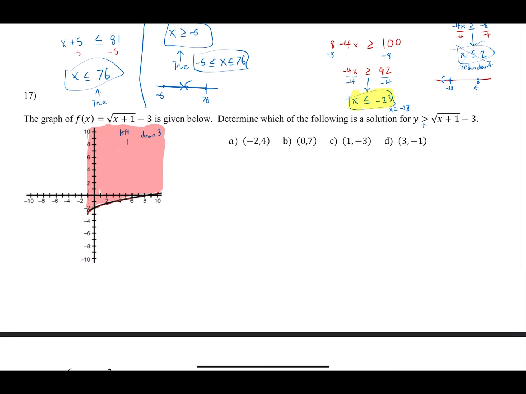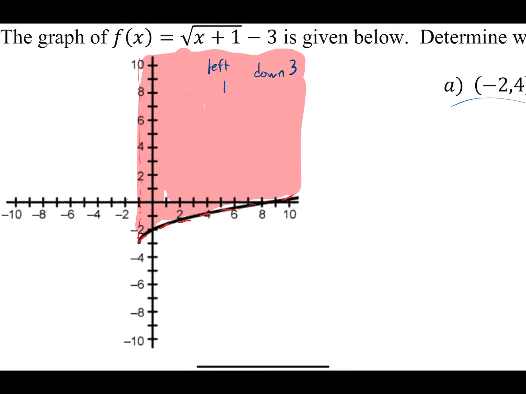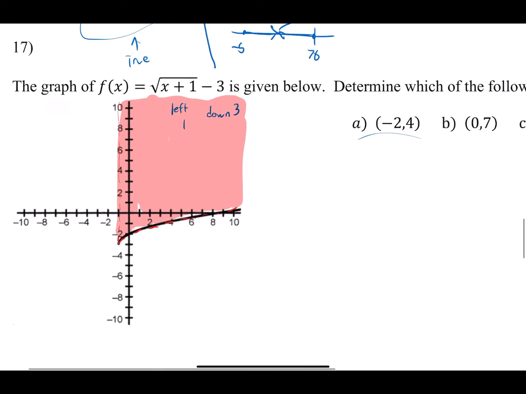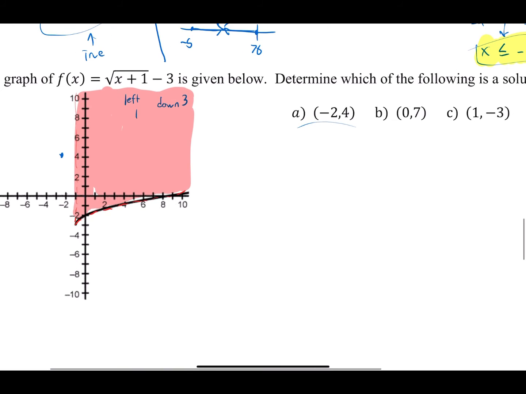So, which of the following is a solution? I've got -2, 4. That would be left 2, up 4. Well, clearly not. It's not in the range. And we could clearly see that because we went left 2, and we are only allowed to start at -1.